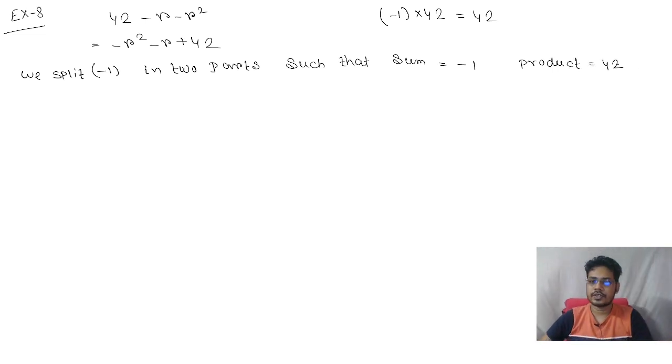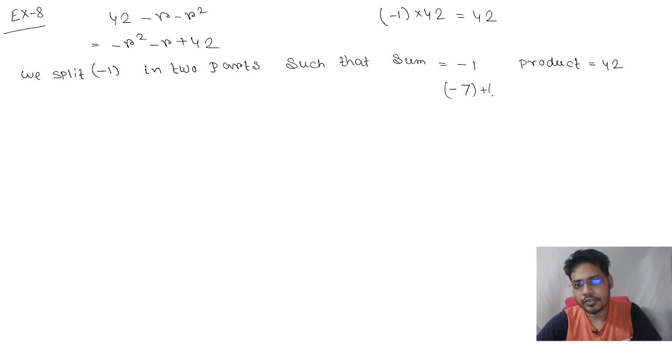How can we write this? 42, that means 7 sixes are 42. So we can write minus 7 plus minus 6. That means minus 7 and minus 6.